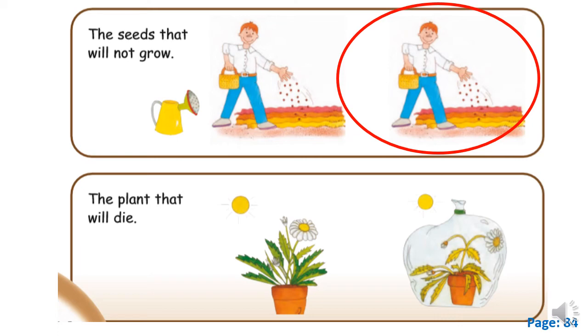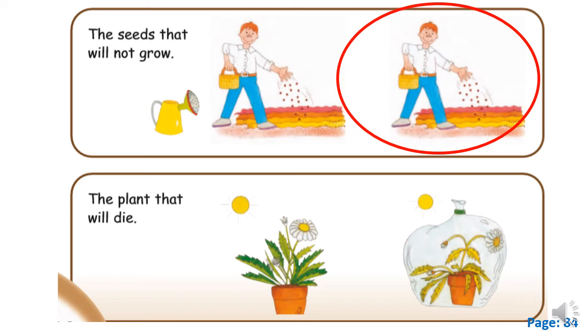The next one, the plant that will die. Also, I have to compare the picture. As we see, the plant is found inside the soil in the two pictures. There is sunlight, so the two plants get the sunlight.